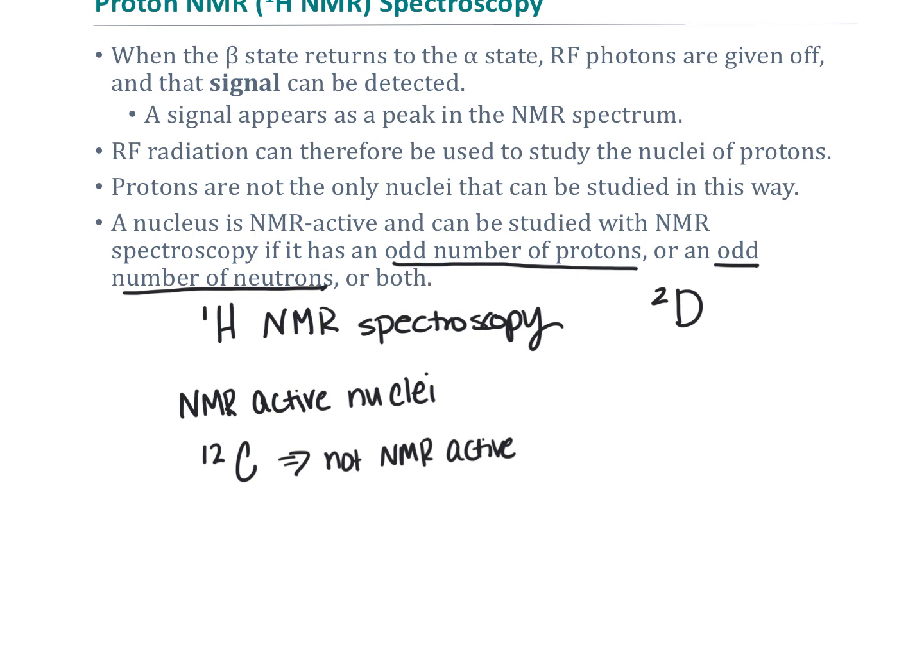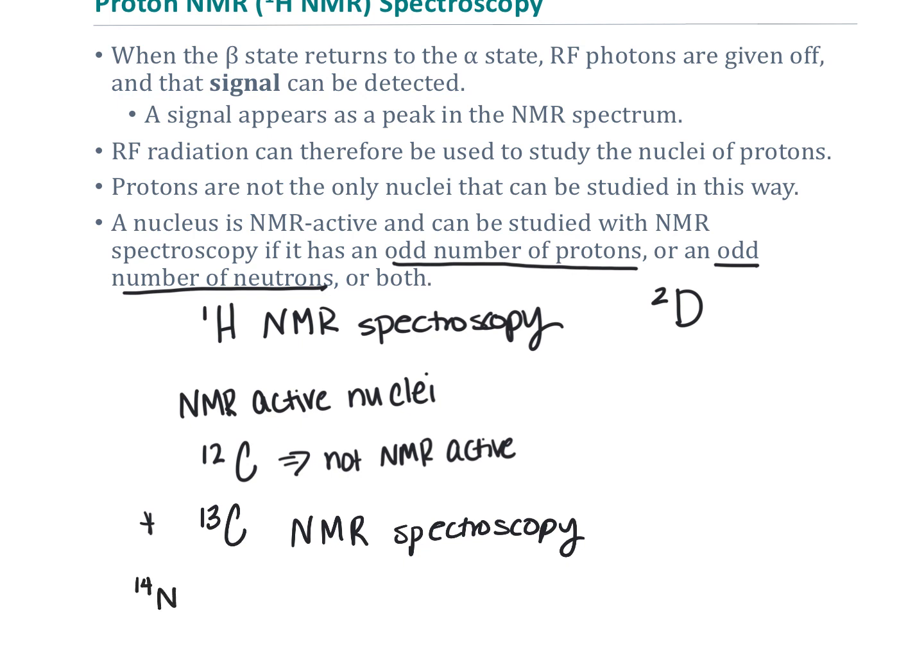However, we can study carbon-13 because carbon-13 has an odd number of neutrons. The second part of this chapter is going to be about carbon-13 NMR spectroscopy. So in this chapter, we're going to look at proton spectroscopy at the beginning and then carbon-13 spectroscopy towards the end. Now, there are other nuclei you can look at.